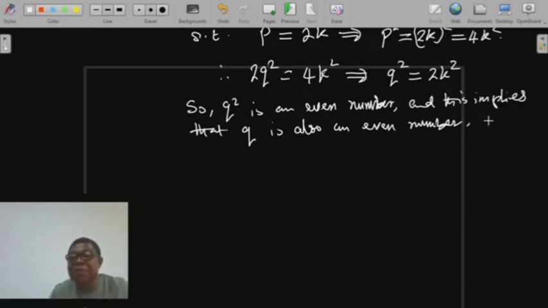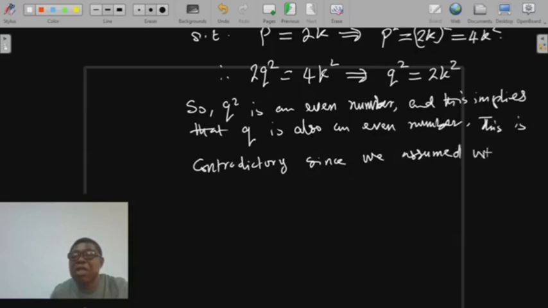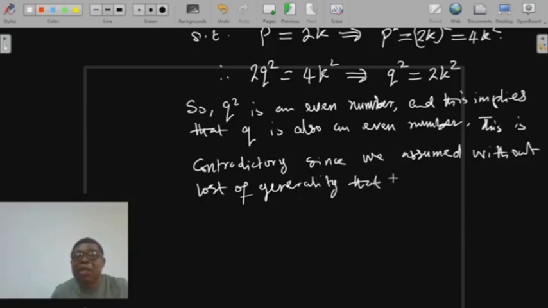This is contradictory since we assumed without loss of generality that p and q do not have common divisors.